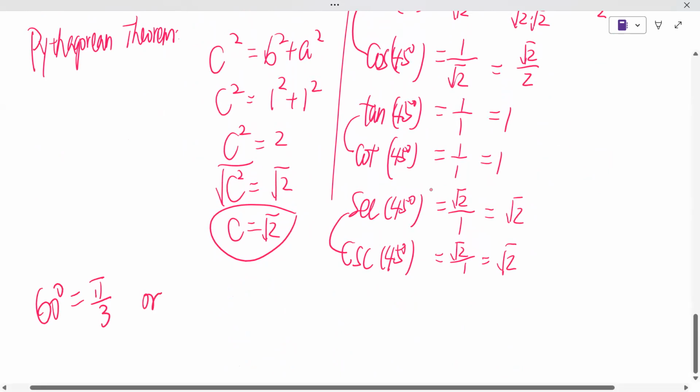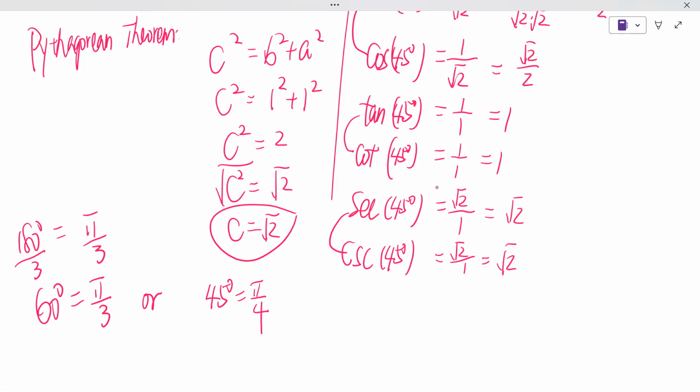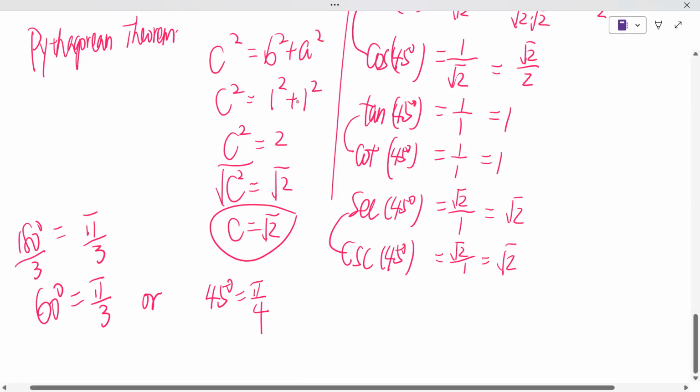Because 180 equals pi, and 1/3 of that would be pi over 3, right? That's why 60 equals pi over 3. Yeah, so then 45 degrees equals pi over 4. We do 180 over 4 equals pi over 4. Okay. 180 over 4 is 45 degrees.